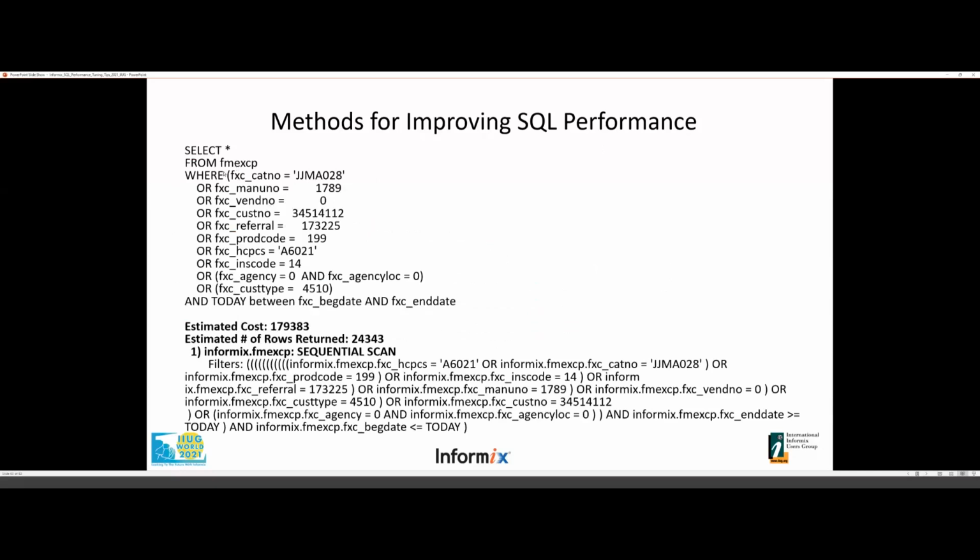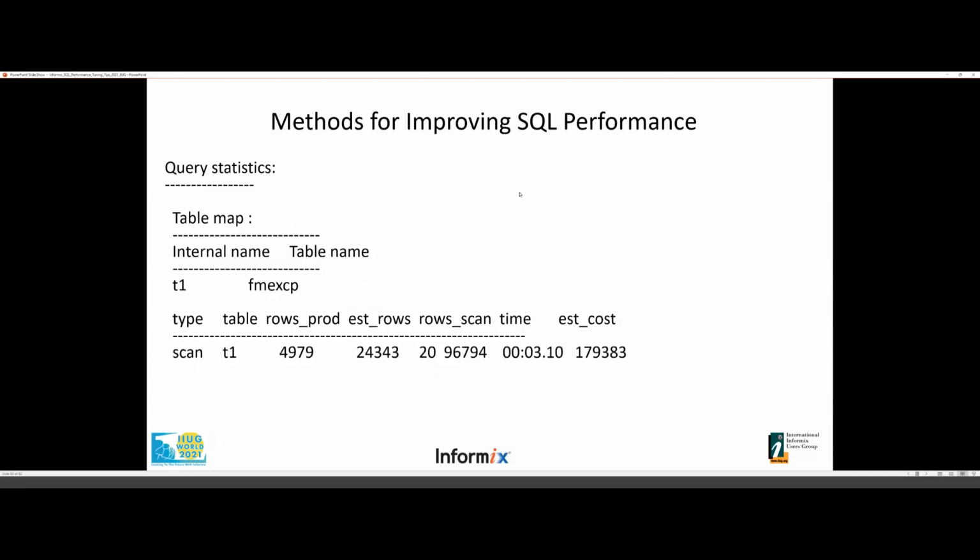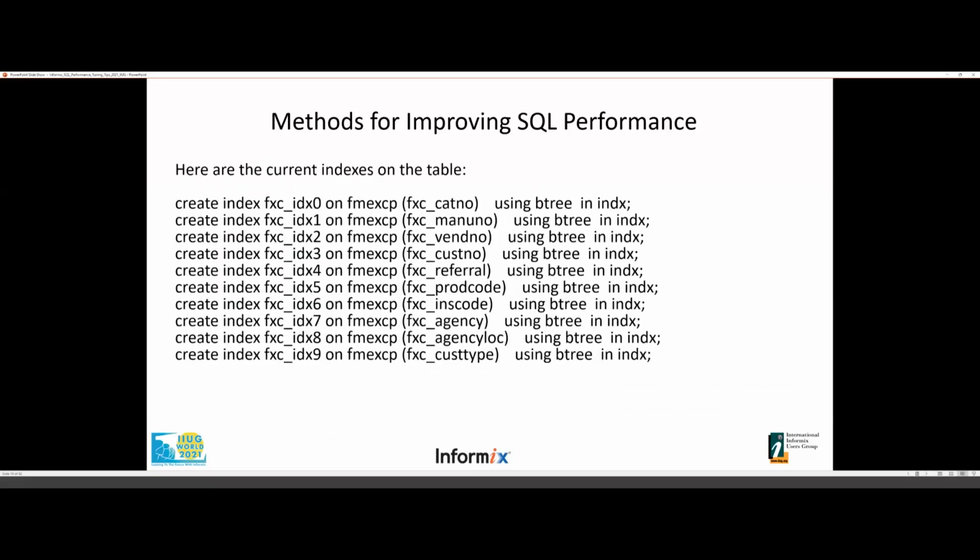So in here, a client had this SQL statement with a lot of ORs and is performing a sequential scan on the table. You can see it's taking 3 seconds to run. That may not be a lot, but if you're running it many times, it can have a detriment.